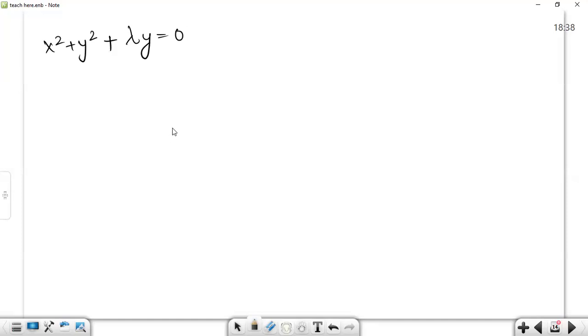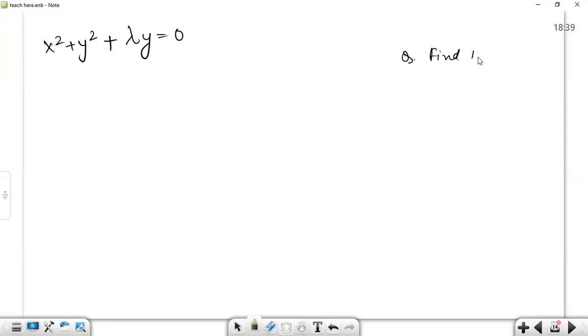So this is the given equation of a family of circles, and we have to find the differential equation of circles touching the x-axis at the origin. So it is given that the circles are touching the x-axis at the origin. Let me write it somewhere.